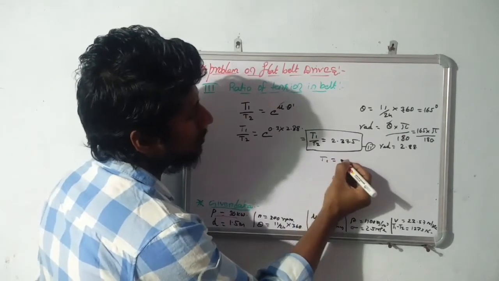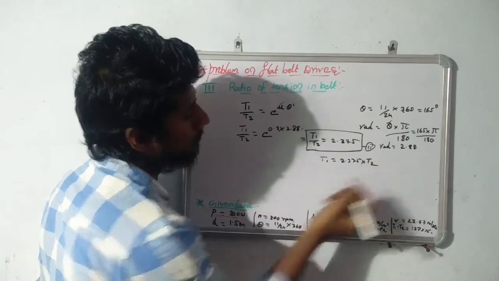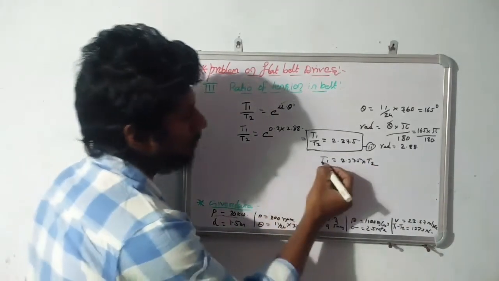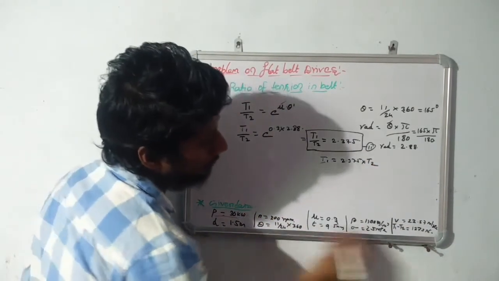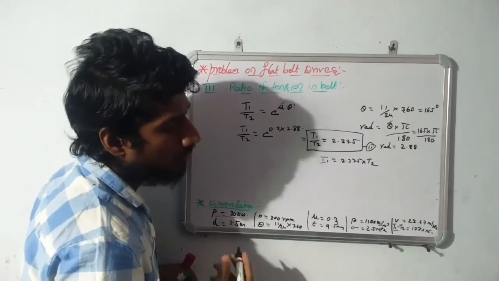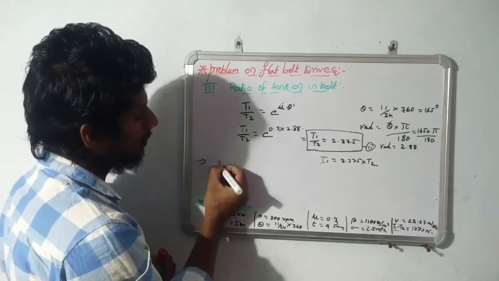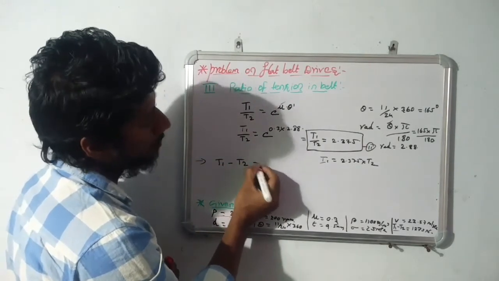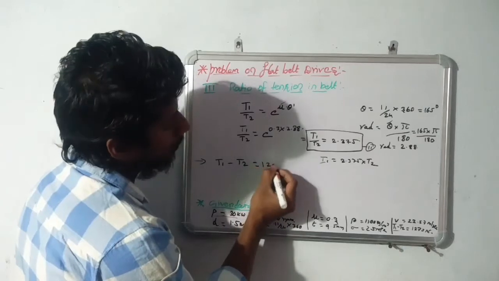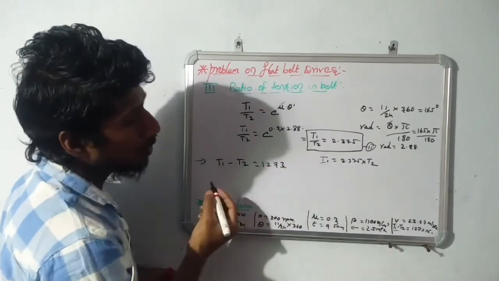So from this one, what we are going to write down. So T1 equal to 2.375 into T2. Okay. So substitute T1 value in the difference of tension in tight side and tension in slack side. So we get that equation, T1 minus T2, that is equal to 1273. Here we know the value of T1.